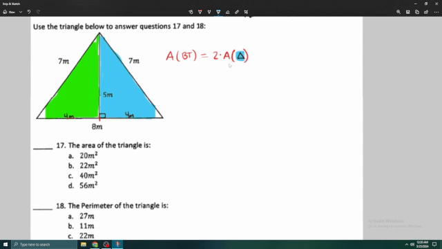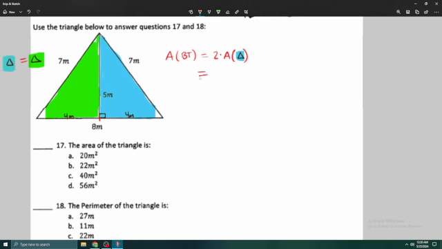And my justification for that is that the blue triangle and the green triangle are actually the same, right? This is very unmathematical, but the blue triangle is the same as the green triangle. Right, that's where my assumption's coming from.